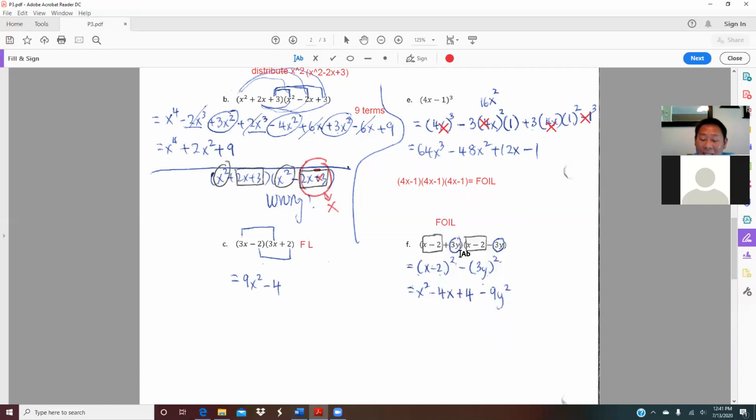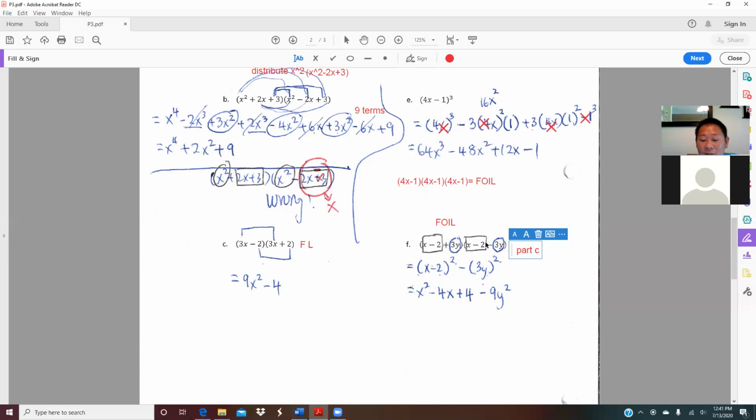But if you want to know the easy way, if you see me drawing the box here, these two have exactly the same terms, and then the 3y also has exactly the same. This is the same thing as question C because one of them is plus, one of them is minus, and they have the same term. So this is actually the same thing as part C, the one that we just did here. So you just do the first and the last.